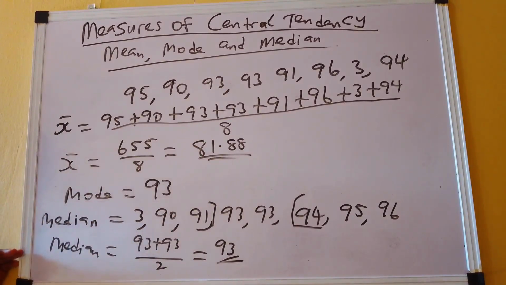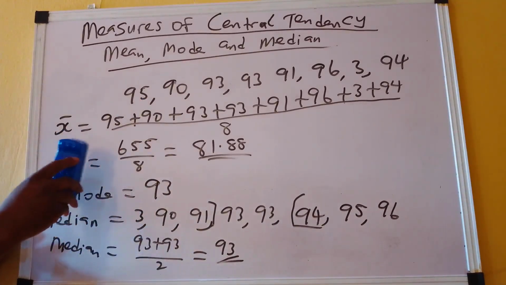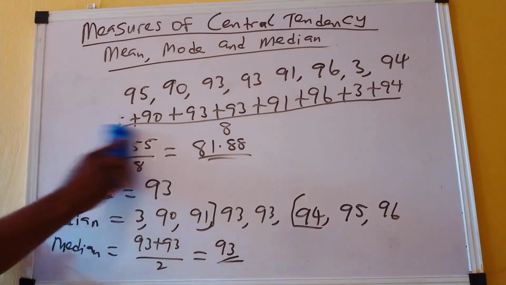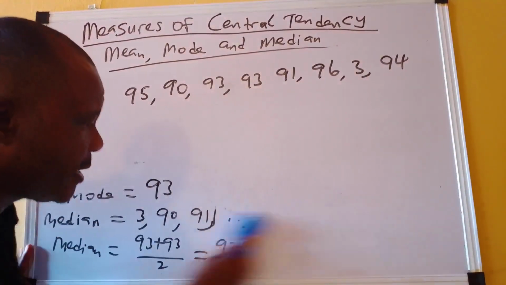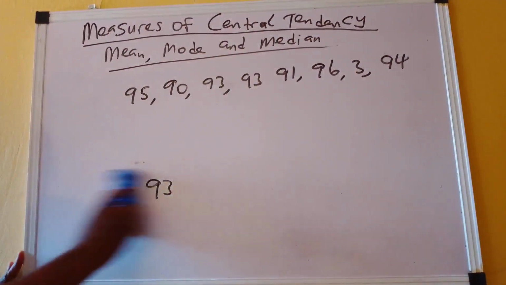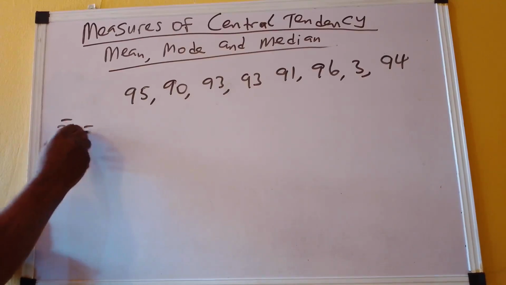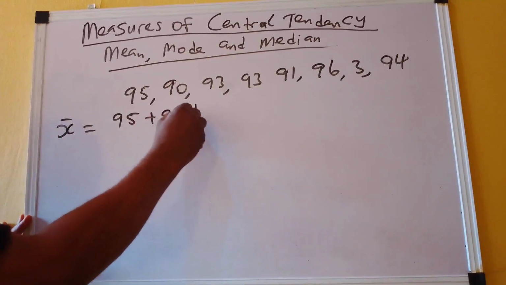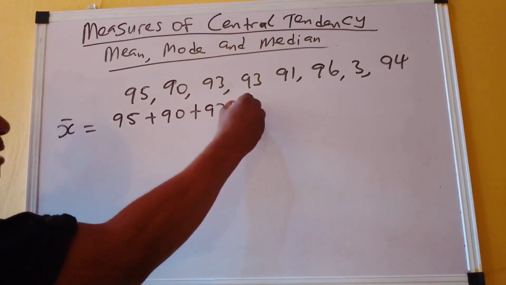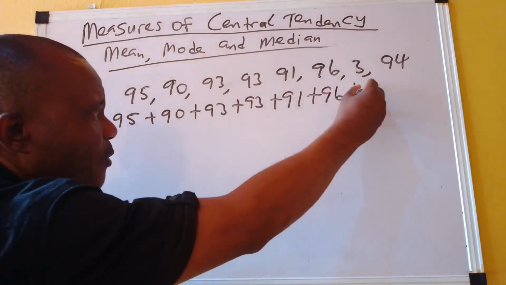Now let us calculate. We'll keep these values aside. We are now going to calculate the mean, the mode, and the median without the outlier. Note the outlier here is 3, so we are going to calculate the mean, the mode, the median without the outlier. Now our mean x bar is going to be 95 plus 90 plus 93 plus 93 plus 91 plus 96 plus 94.